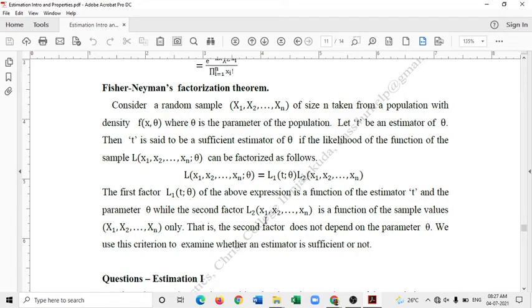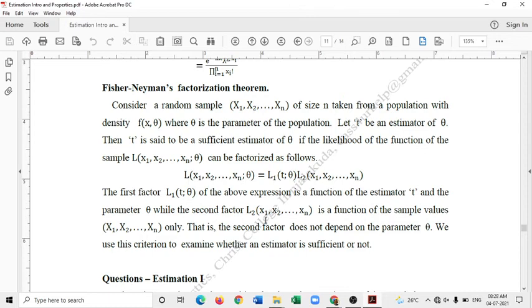So we take L as the product of n density functions. After simplifying this likelihood function, we must be able to write it as a product of two functions. One is L1. In L1, only the proposed estimator and the parameter theta must be present. Also constants are permitted in any function, either in L1 or in L2.